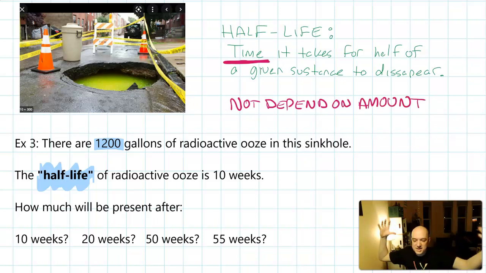One huge sinkhole full of radioactive ooze will have the same half-life as one mug full of the same radioactive ooze. Because we're looking at proportions. We're thinking about half, not specifically 5 ounces, but just half of the total. It doesn't matter how much you start with. It just matters how long it takes for half of it to remain.